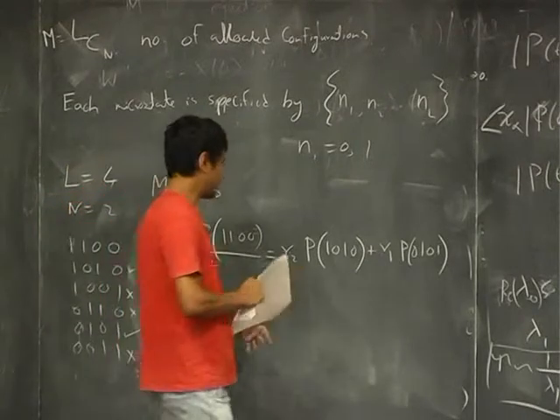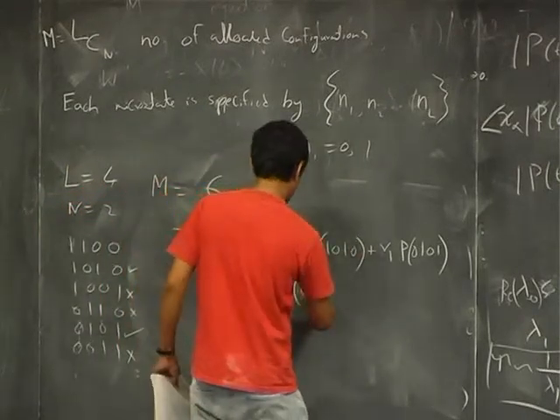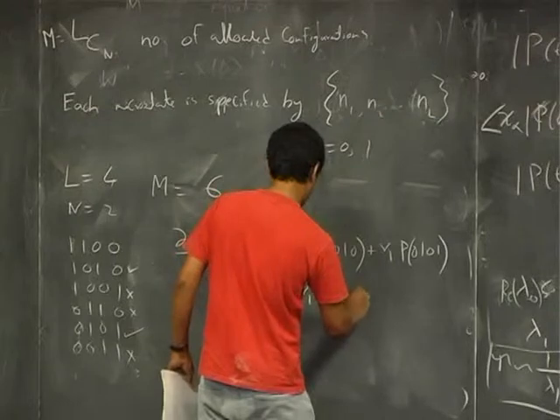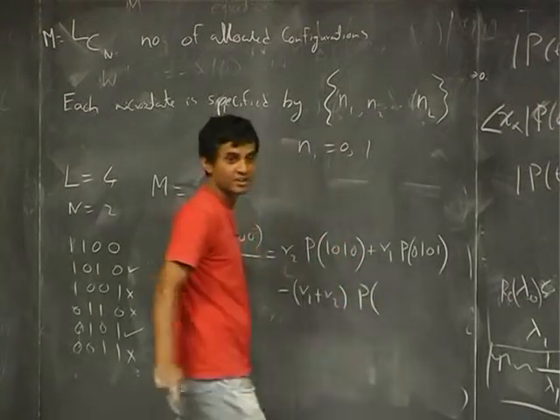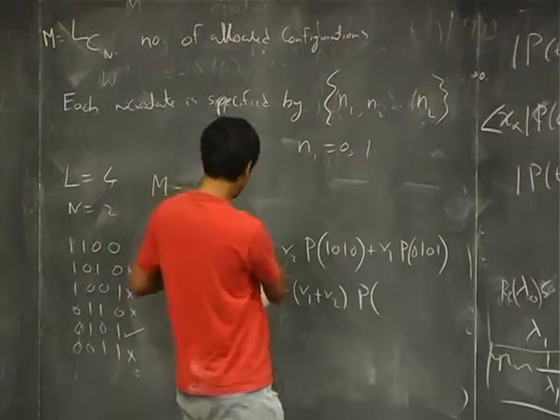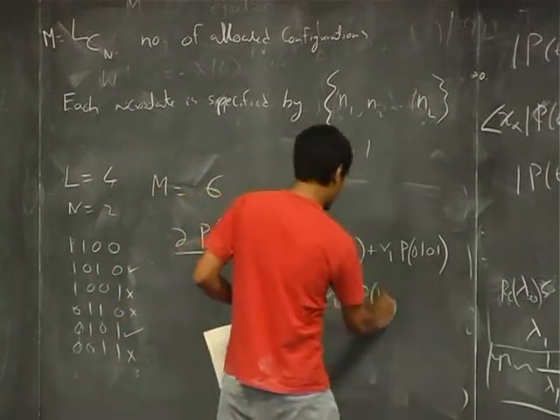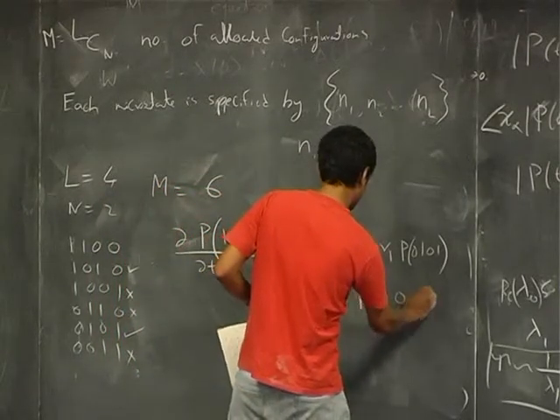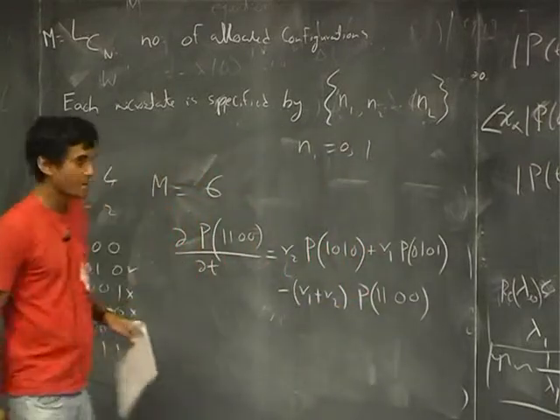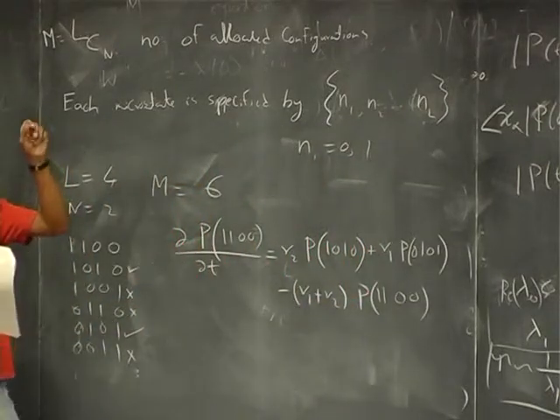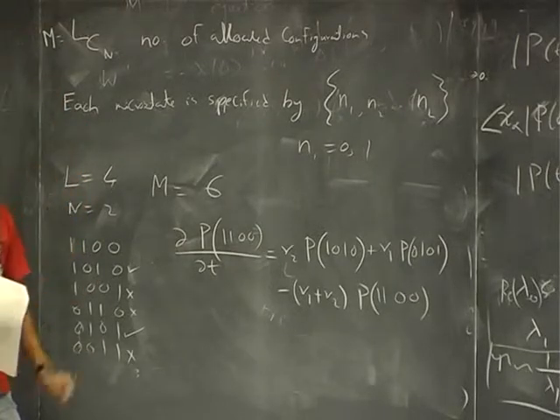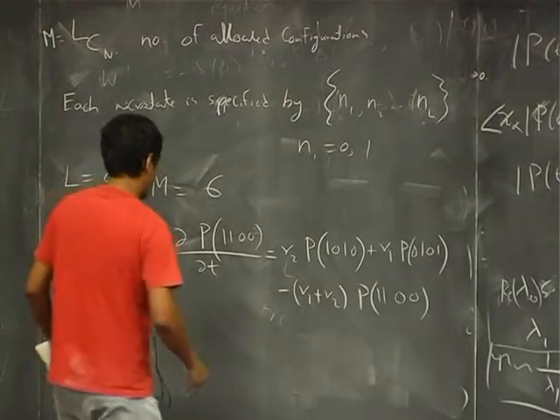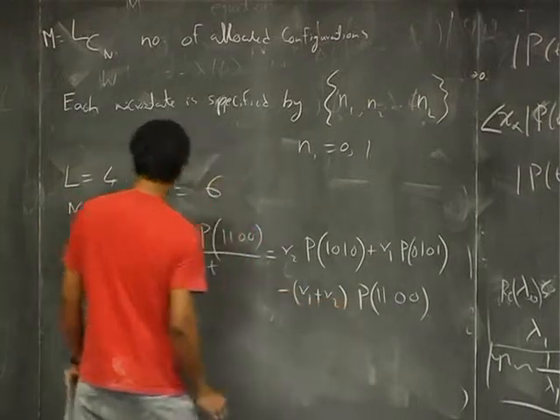The loss is minus the rate times P1100, because loss is always from that state itself. In this W matrix, all the off-diagonal elements are positive, and only the diagonal elements are negative. And this is coming from the diagonal element.